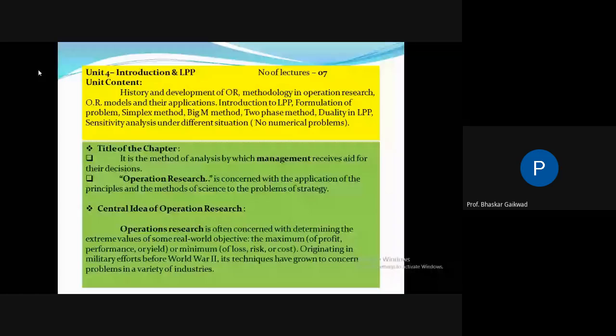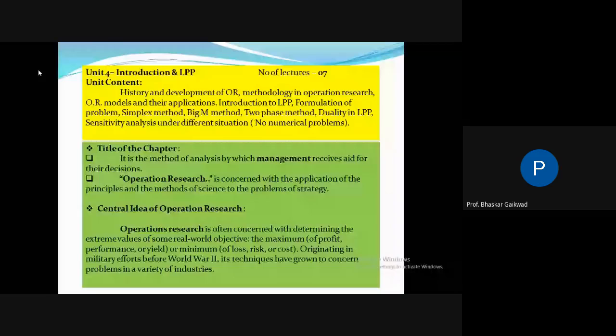Now where we can use this operation research, but before that, in the models of OR, we can use analogical models and symbolic models. Analogical means electronic circuit system, and symbolic means mechanical things: matrix, graphs, and equations.